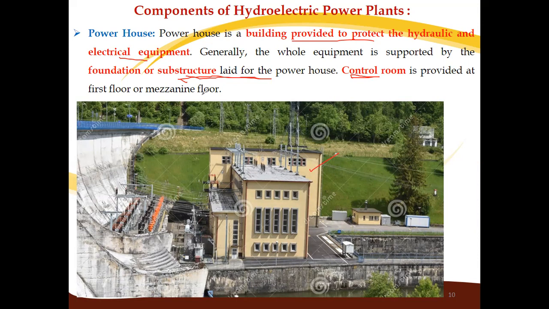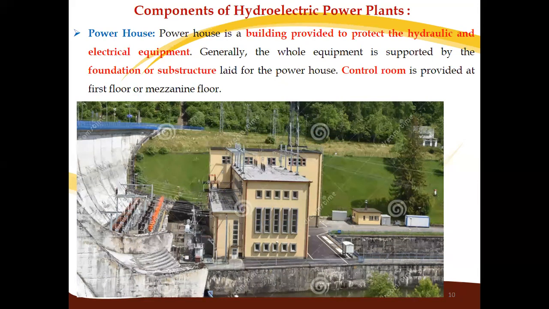So the generator is at the ground floor and the control room is at the first floor. So this is about the powerhouse. It is a building-like structure which protects the hydraulic equipment as well as electrical equipment. This is the sixth part of this hydroelectric power plant.